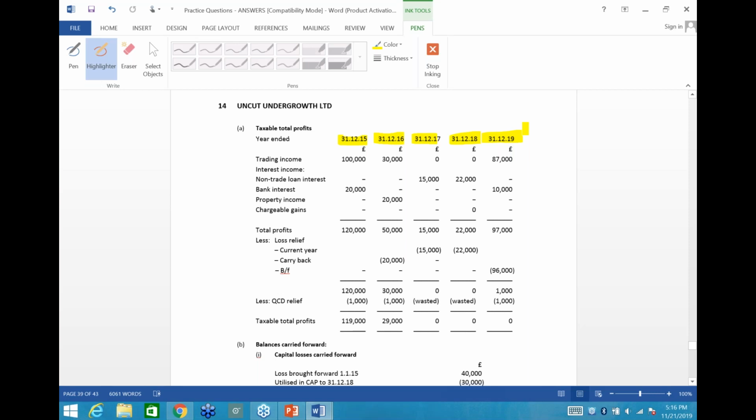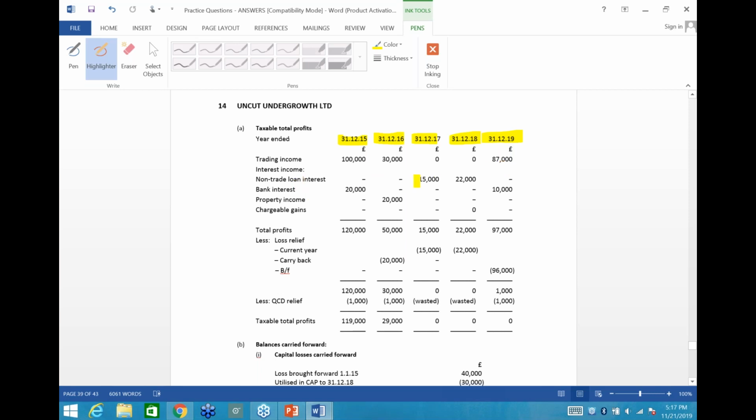Take the trading profits of 100,000 and 30,000. For the year ended 31st December 2017, there is a loss of 35,000. For the year ended 31st December 2018, there is a loss of 362,500. And then there's a forecast trading profit of 87,000 pounds.